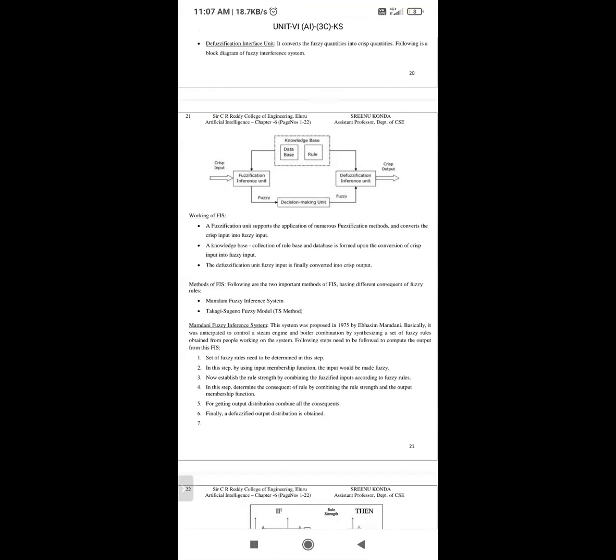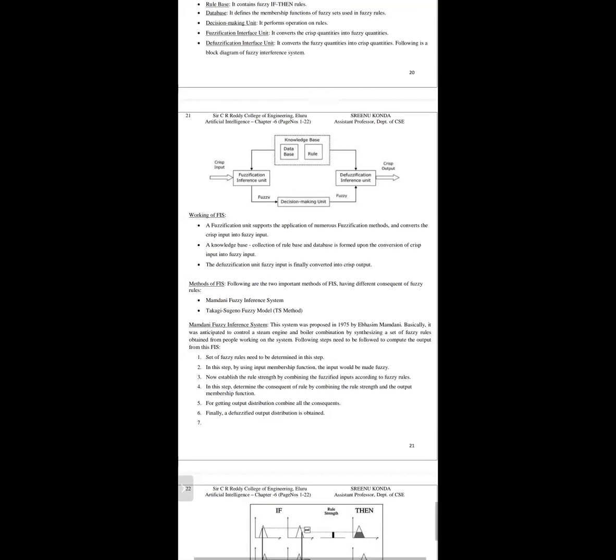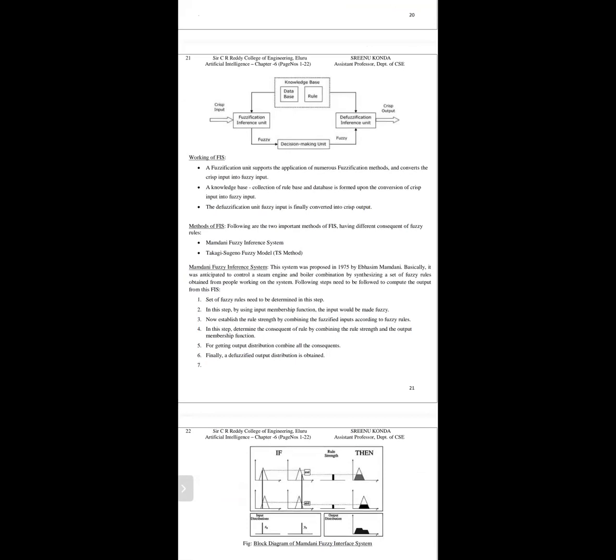Right. Next. So the following steps are needed to compute the output from the FIS. Now let us see what are the steps to be followed to compute the output. First one is, the set of fuzzy rules need to be determined in this step.